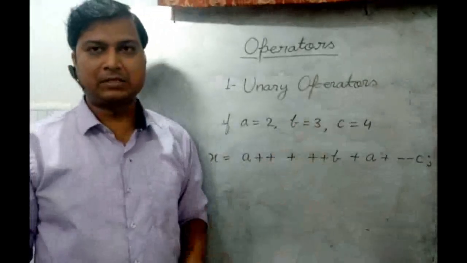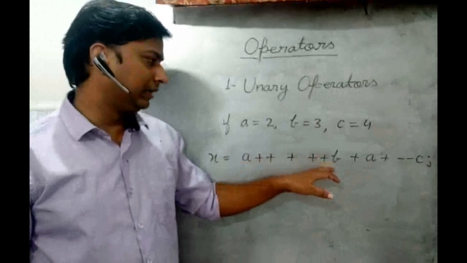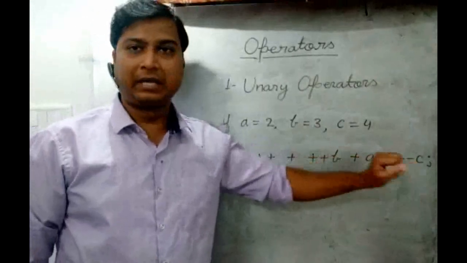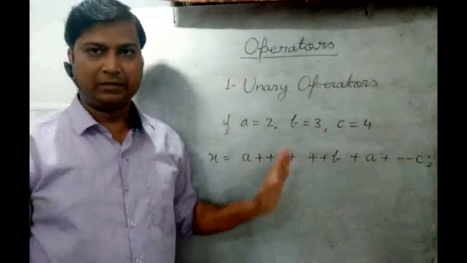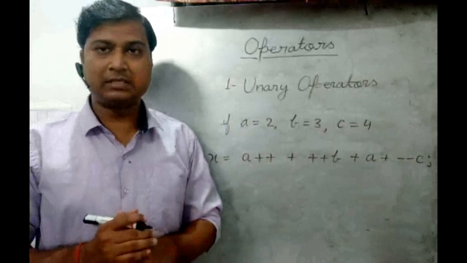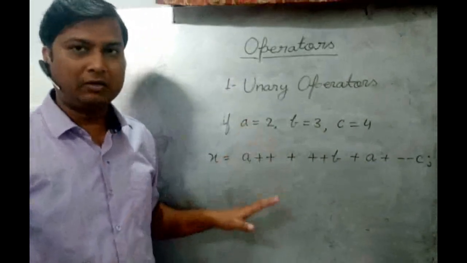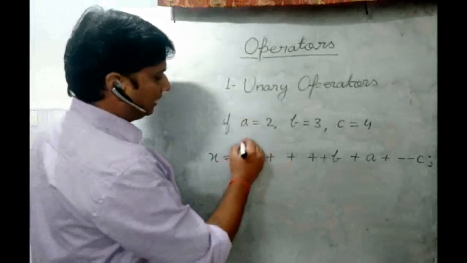Now here in these expressions, I have a post increment, a pre increment and a pre decrement. So here we are using the unary operators, increment and decrement both. So how will you solve this expression? I have already told you, use the arrow to solve the expressions. With the help of a pencil, we have to mark the arrow here.